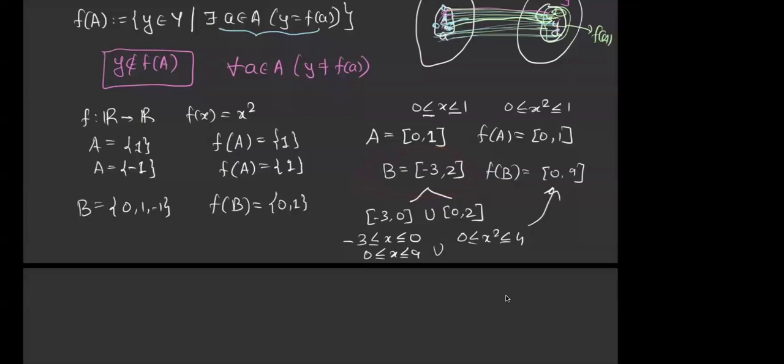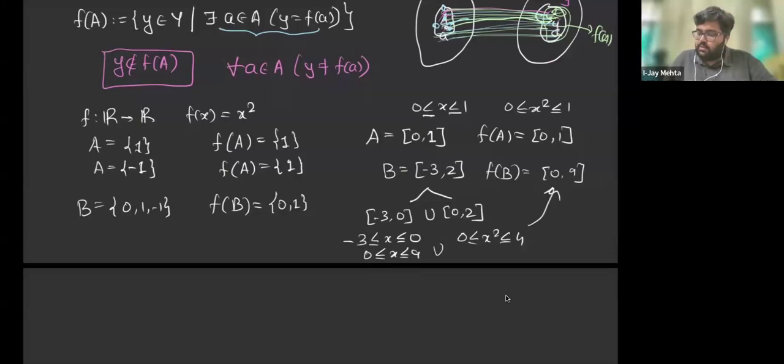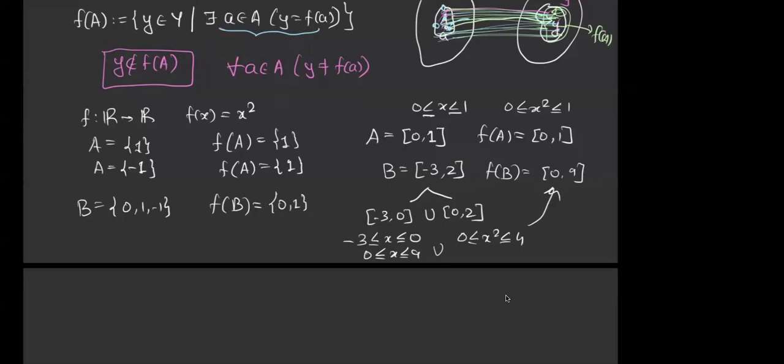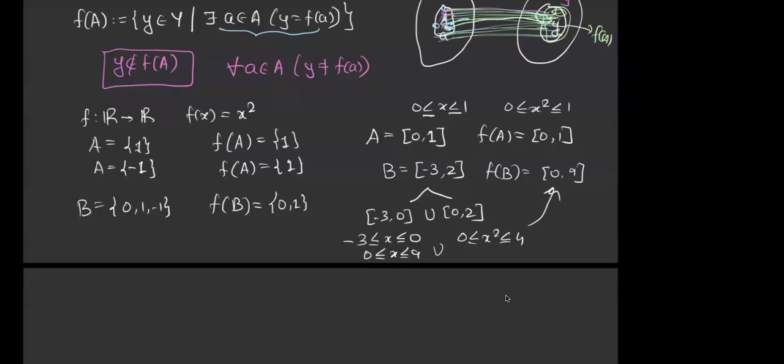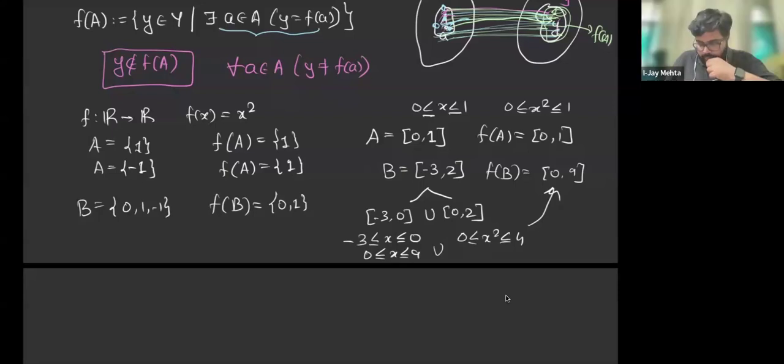Yes, sir. We take 0 comma the maximum of -3 comma 2. If we make the negative one positive, then the range will be the maximum of 3, 2. Right. 3, 2 is not in range.